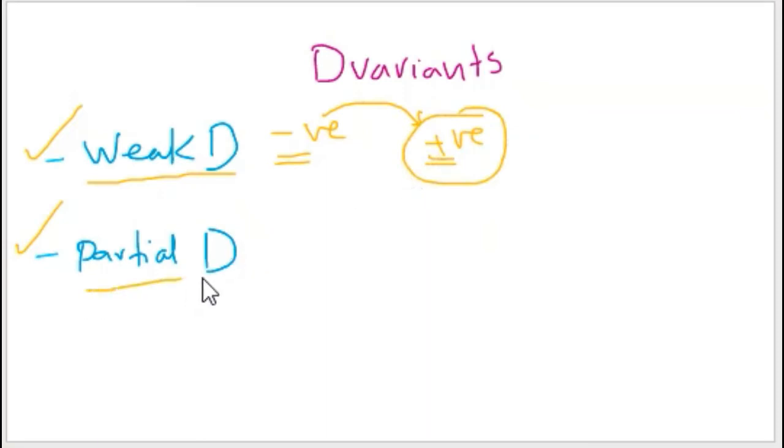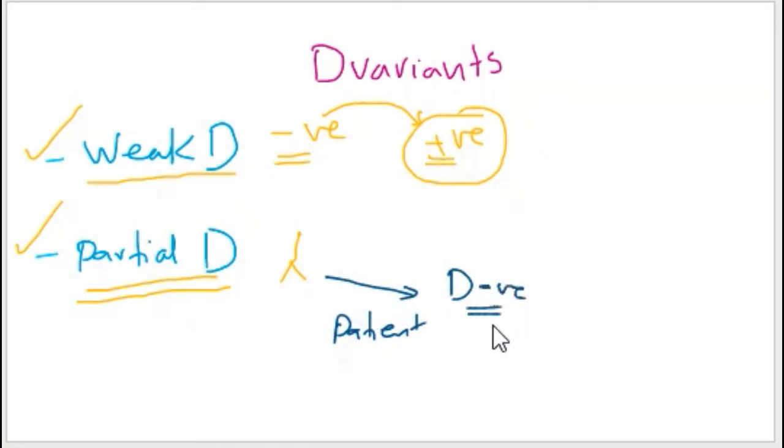However, people with partial D are missing some epitopes normally present on the protein. Because they are missing some epitopes of normal D, when they receive normal D cells, they may sensitize and produce antibody against these missing epitopes. For this reason, recipients or patients who are partial D should be considered as negative, because they must receive negative blood.